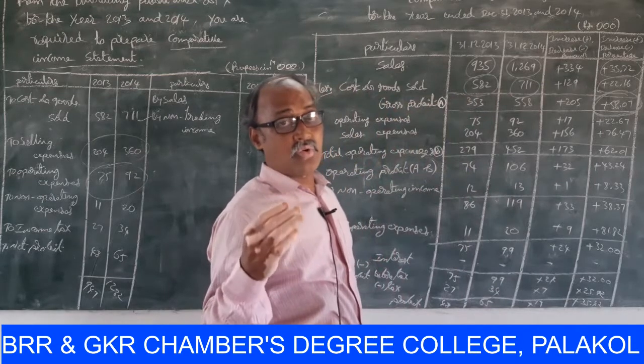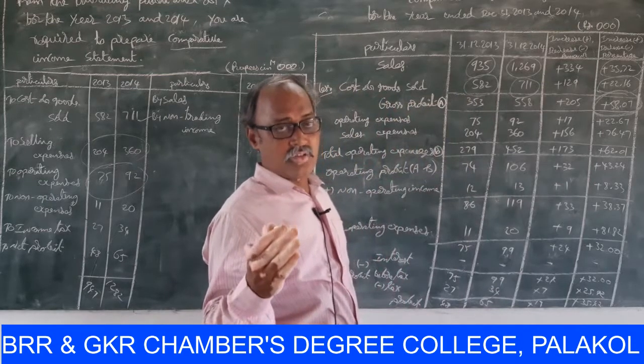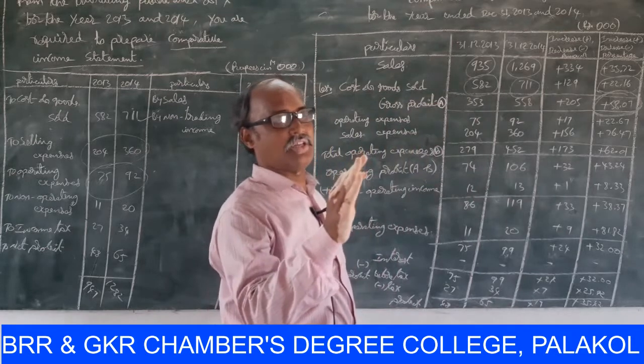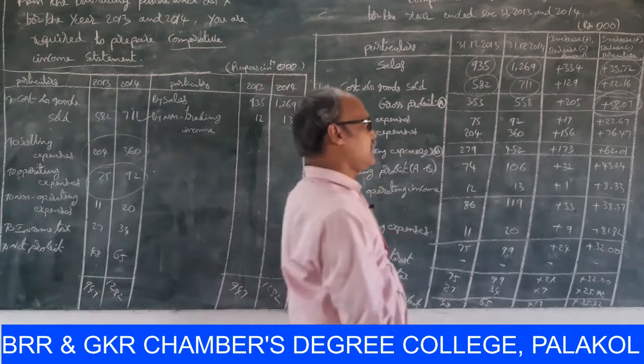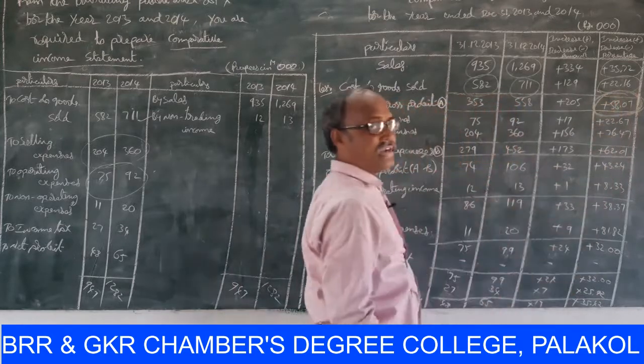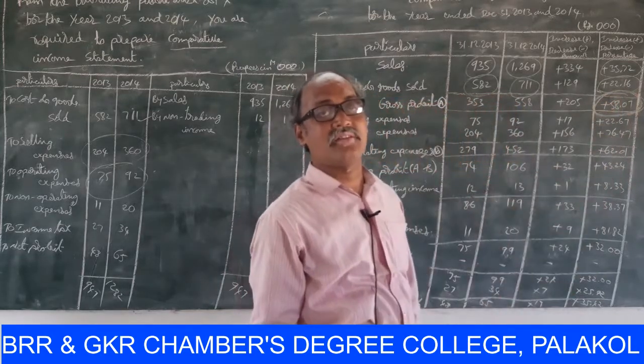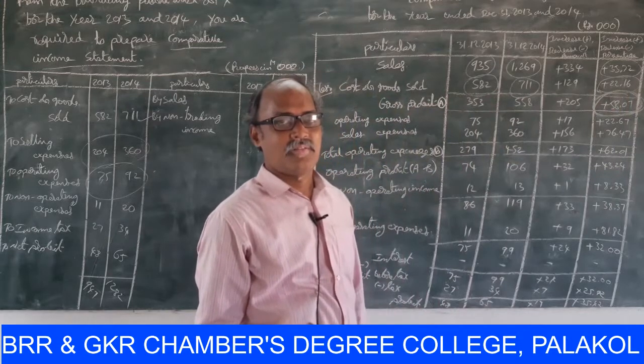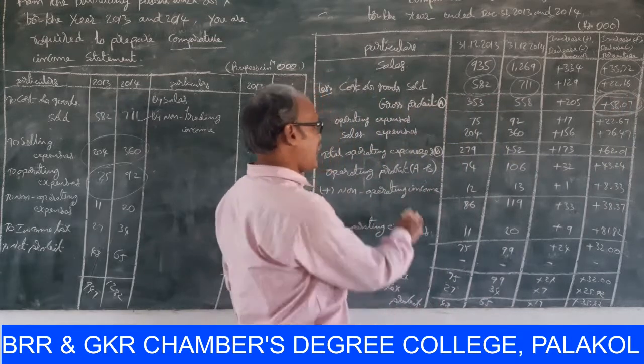The cost of goods sold percentage is lower than the sales value. That's why the gross profit increased plus 58.07%. Next one, operating expenses.